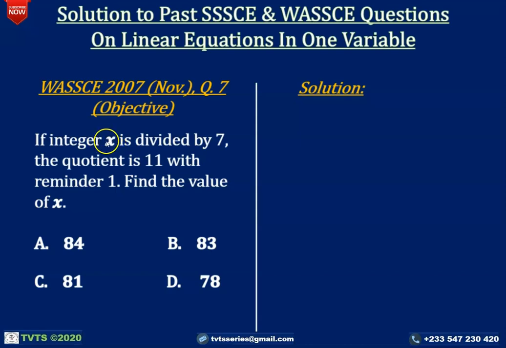Integer x divided by 7 can be expressed as x over 7. The quotient is the whole number part when the dividend x is divided by the divisor 7. And this we are told is 11.